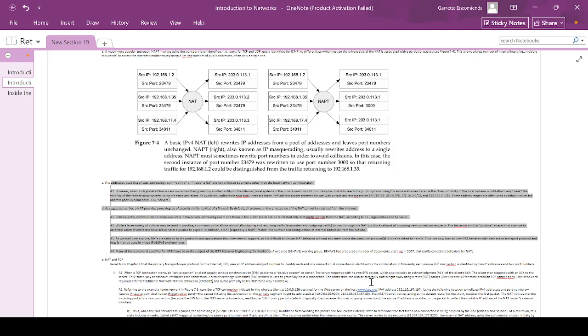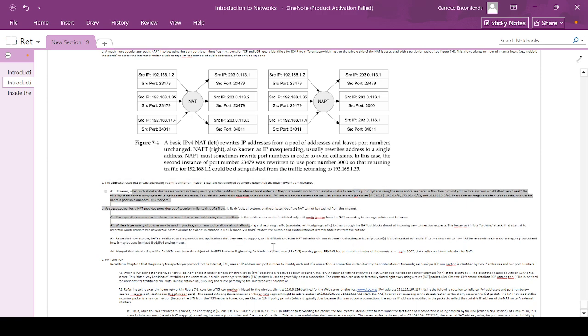Another thing is that for basic NAT, the local administrator can choose whatever he wants, but there's a catch because you must choose from a range of private IPs that was allocated by IANA, like we discussed in the previous video.